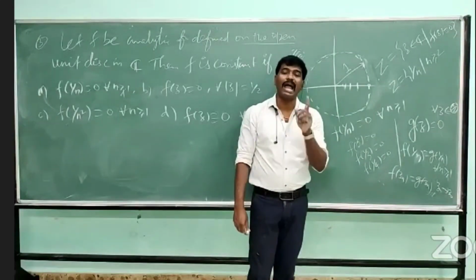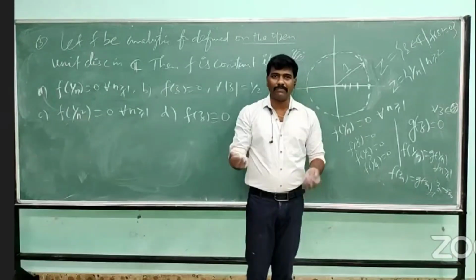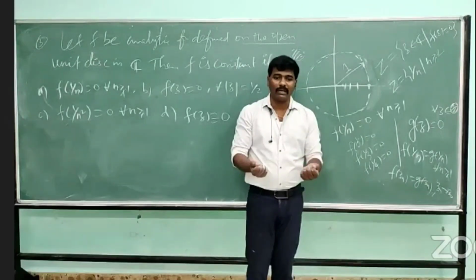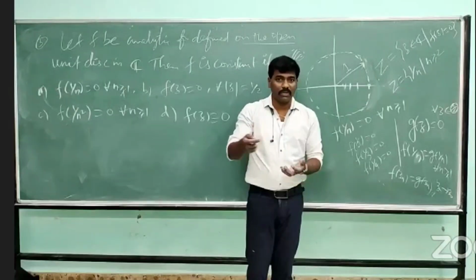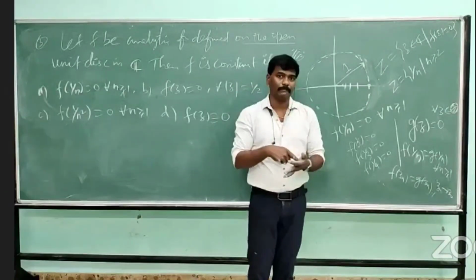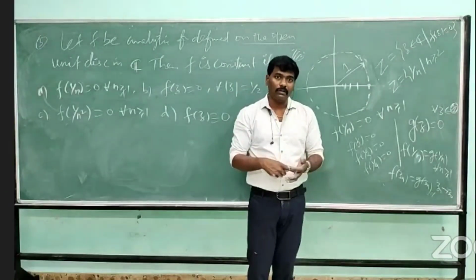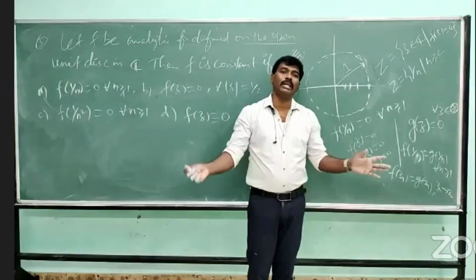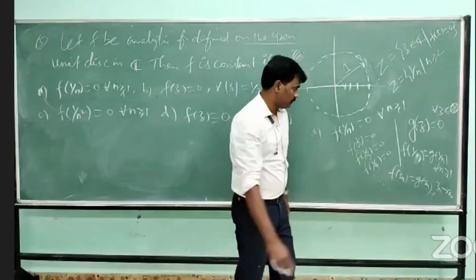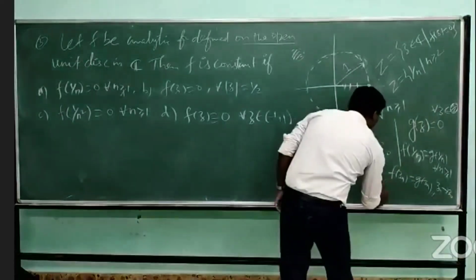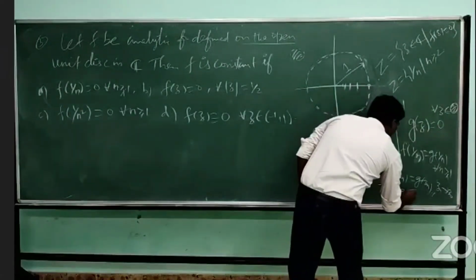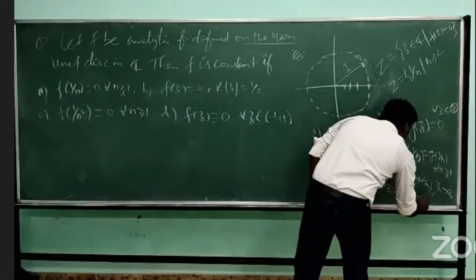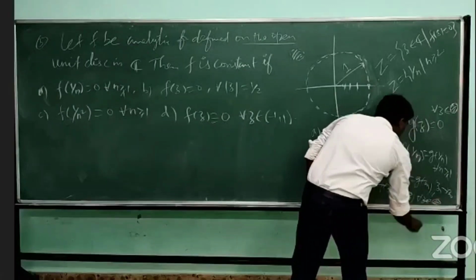what is that theorem? Identity theorem. Both f and g are agreeing on 1 by n, and 1 by n is a sequence. The sequence has a limit point in D, the open disk. By the identity theorem, f and g are identically the same: f of z equals g of z for all z in the open disk.